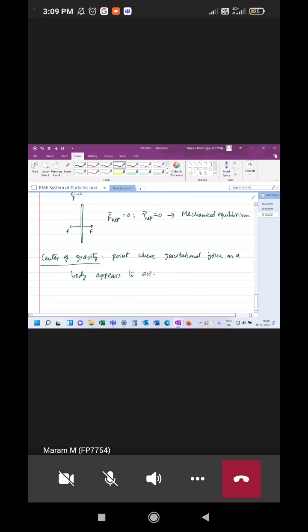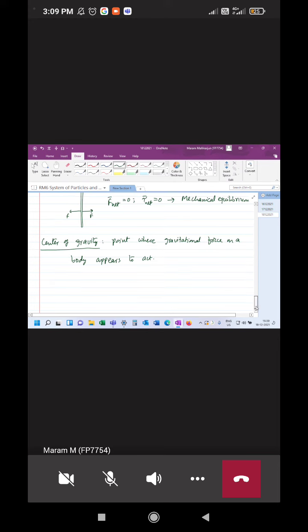How do I define that center of gravity? Divide the body into small mass particles.